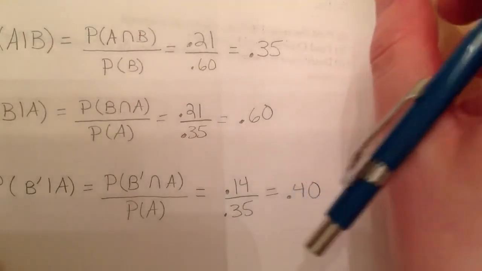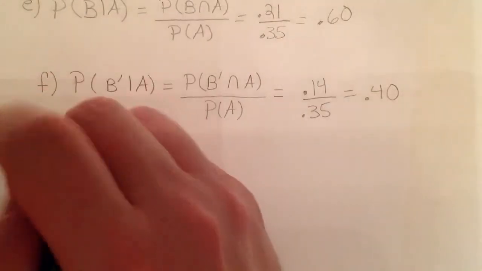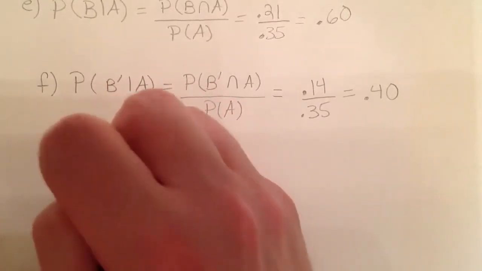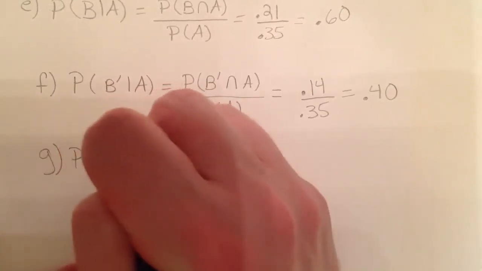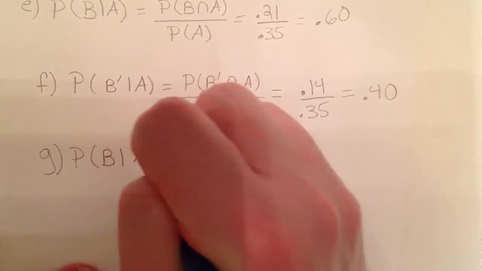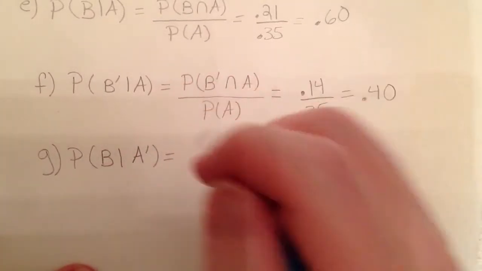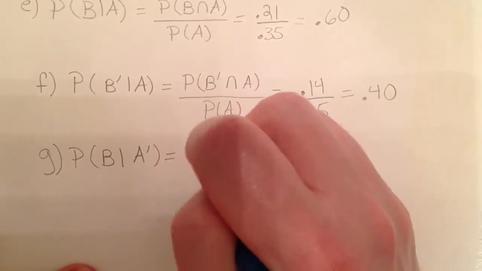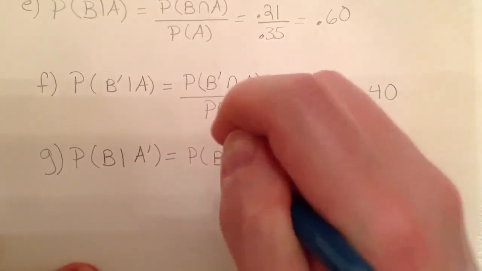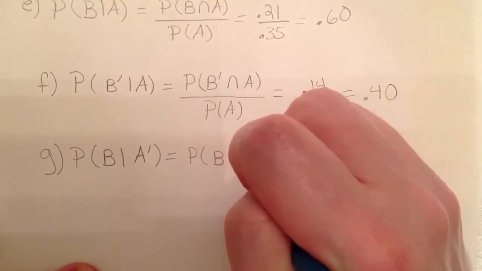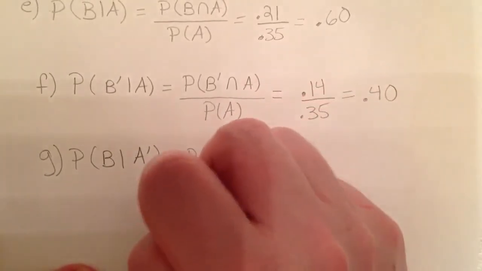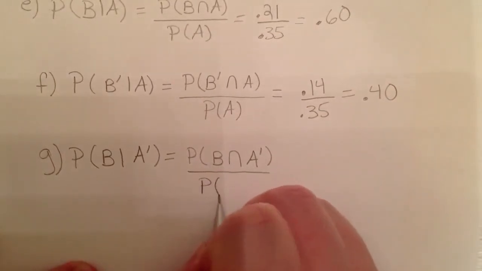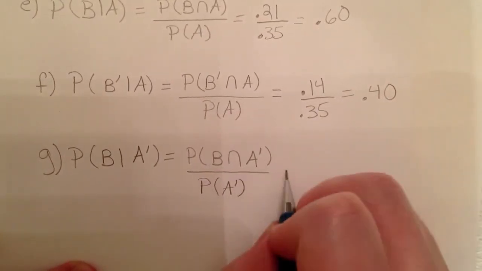Now, in part G, we're looking at the probability that B is going to occur given that A is not going to occur. So we're looking at the probability of the simultaneous occurrence of B while A does not happen, intersection, relative to the probability of A not happening.